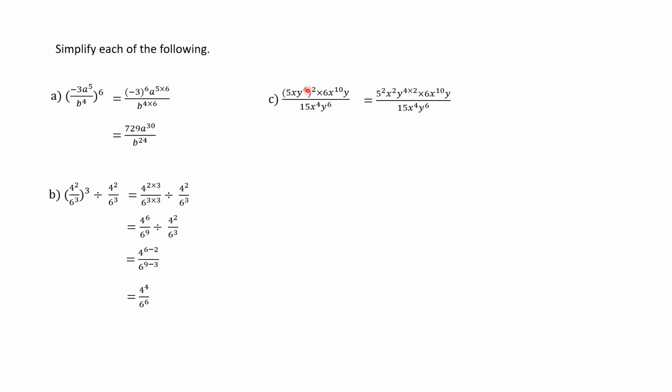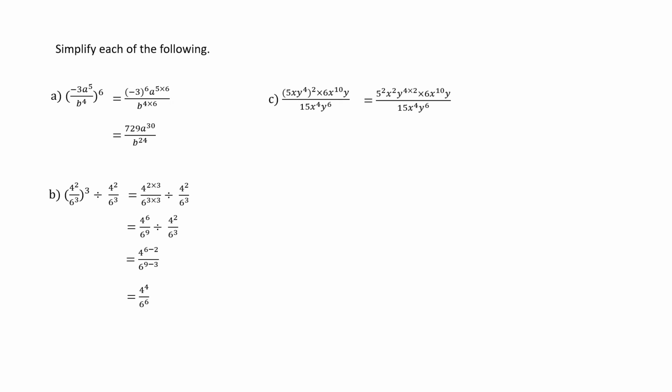So power and power you can multiply. So 4 times 2. And the remaining will be the same because you haven't done anything, and you copy it down. And next step, you can do grouping.